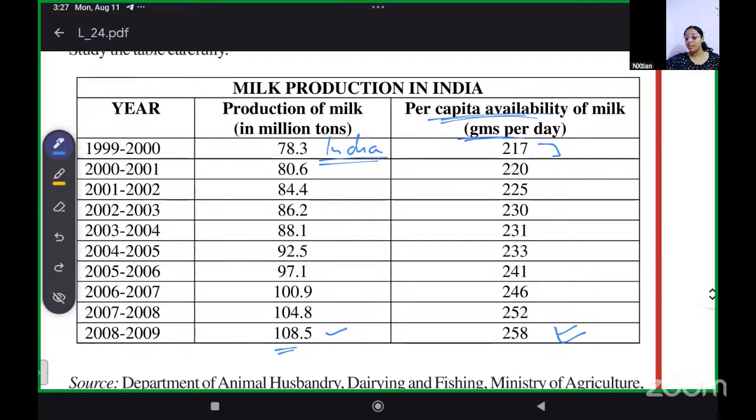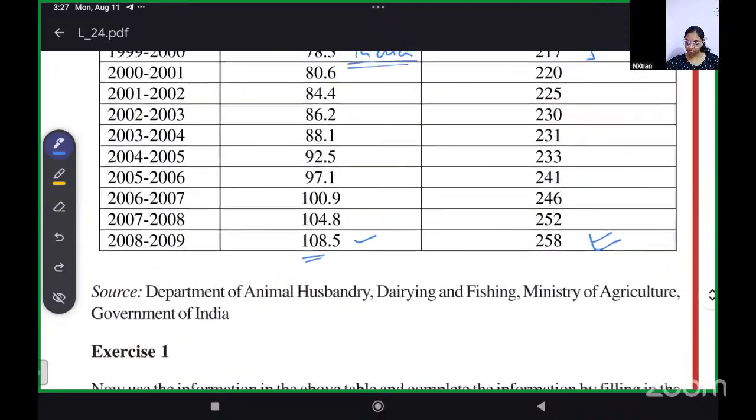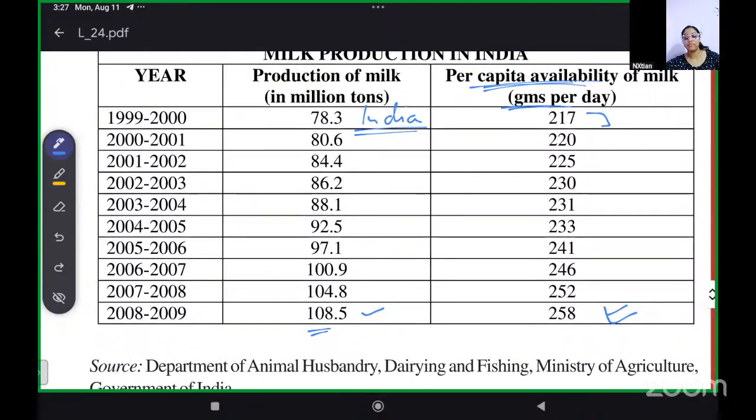Now, can you take a look at this table and tell me one thing you observe? Ma'am, every year more milk is produced and milk is more available every year. That means in 2050 we'll have so much milk or something.